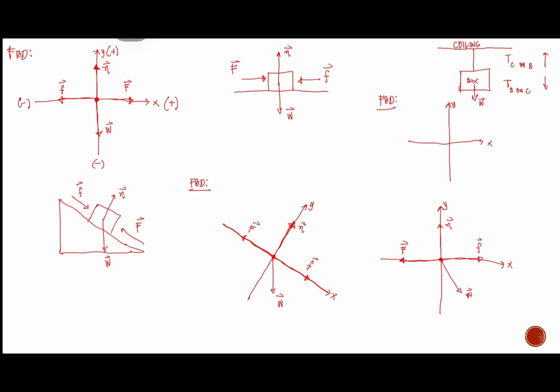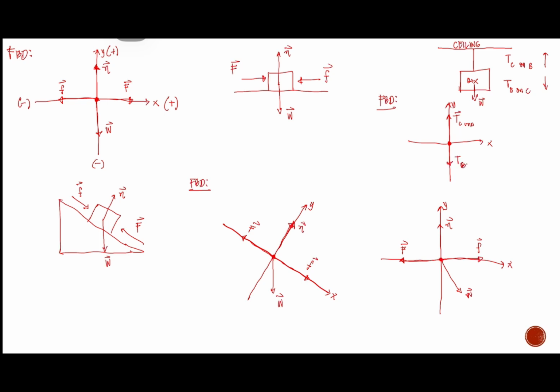So if we sketch that here in our free body diagram, it will look like this. Again, this is our box, so assume that the point is our object or our box. The tension force that the ceiling exerts on the box is going upwards, or along the positive y-axis. And then the tension force that the box exerts on the ceiling is along the negative y-axis.